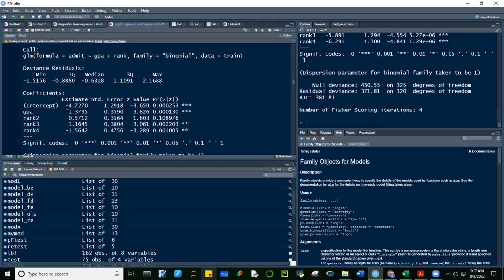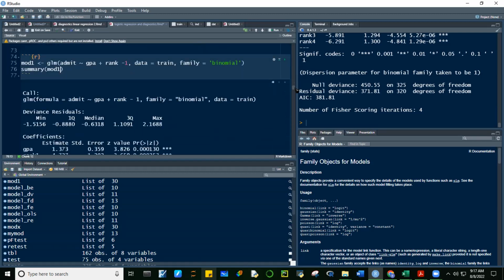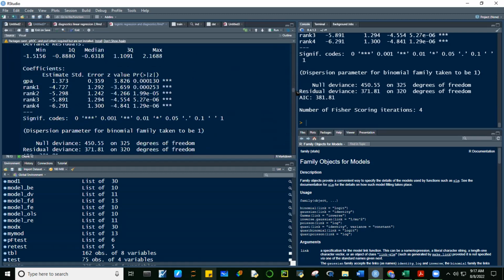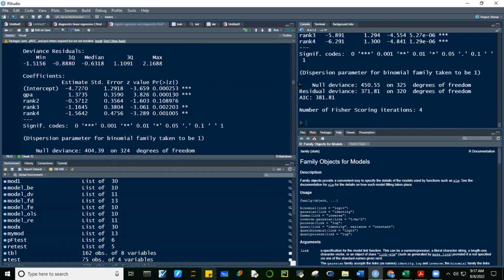Si rank 1, ang estimate niya will be, si intercept pala, ang estimate niya, it's the value of admit if all of these are all 0. So pag wala tong GPA na to, wala si rank 2, wala si rank 3, wala si rank 4, the value of admit is negative 4.72. Okay? Di ba? Pero, if you recall, pag walang GPA, walang rank 2, walang rank 3, walang rank 4, sino yon?